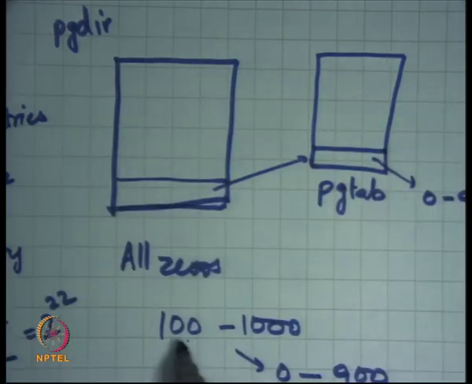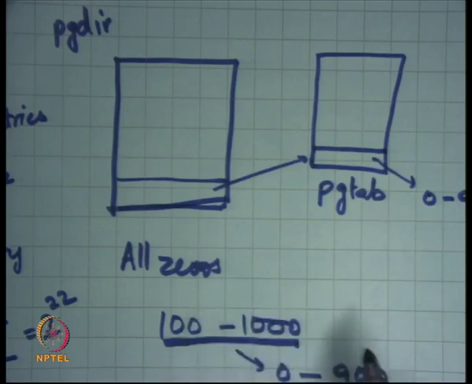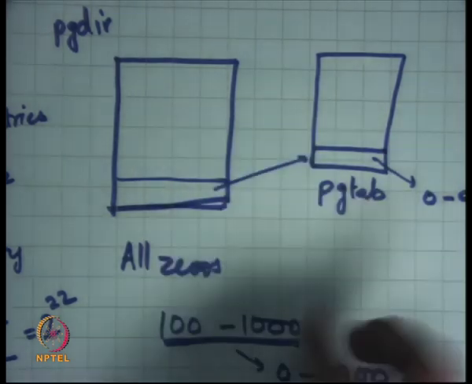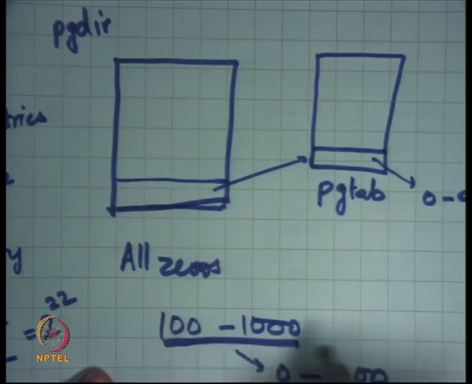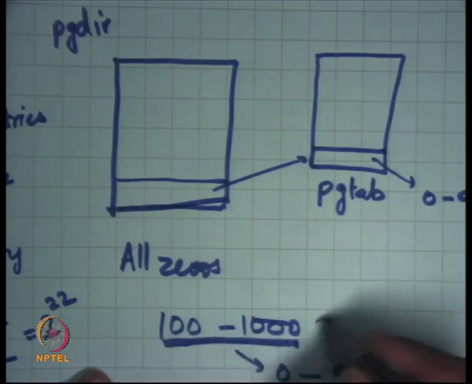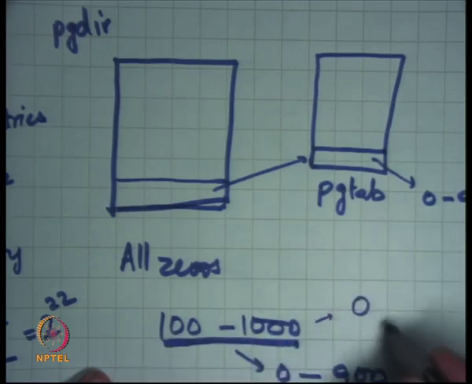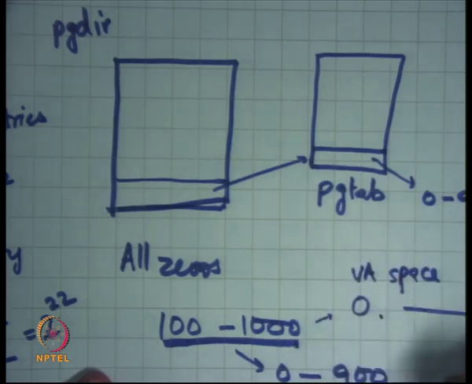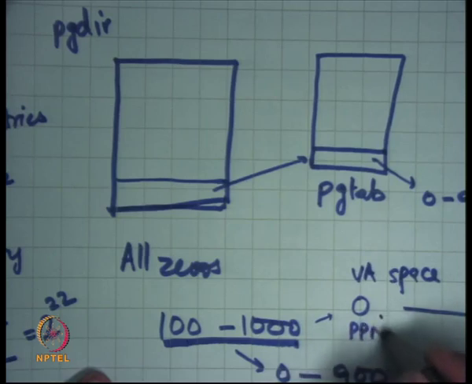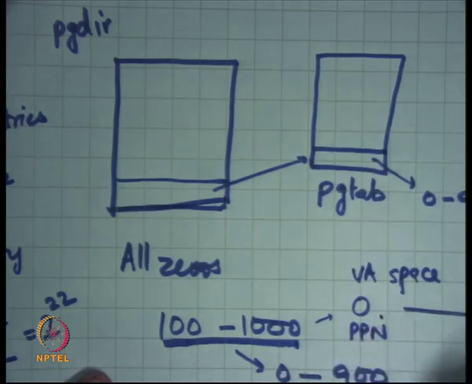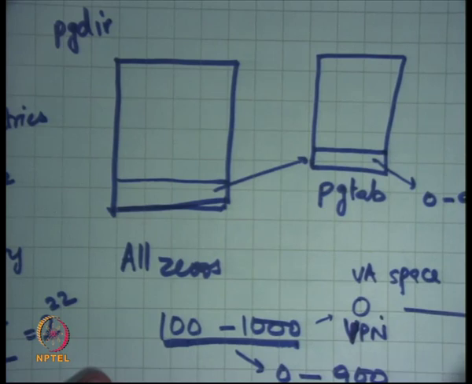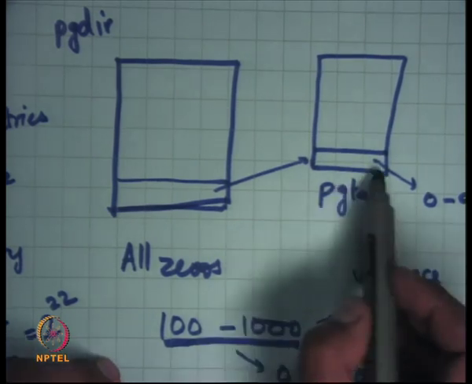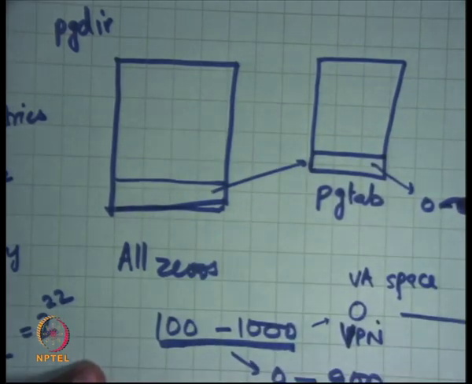right. Clearly I cannot just create this mapping, I need to say what the corresponding pages are, and so I can only do this at page granularity. So instead of 100 to 1000, I will probably have to say map page 0 in VA space to page 0 in PS space. Okay. So this is just going to map to 0 in this case with the corresponding permission.